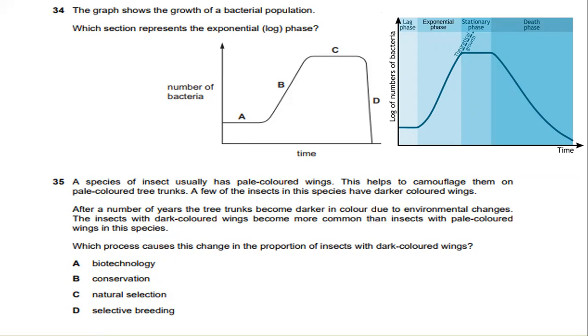Bacteria will grow in a predictable pattern, resulting in a growth curve composed of 4 distinct phases of growth as shown. This is the lag phase, this is the exponential phase, this is the stationary phase, and this is the death phase. If you compare these two graphs, there is a similarity. So the question is, which section represents the exponential log phase? So the answer is B.